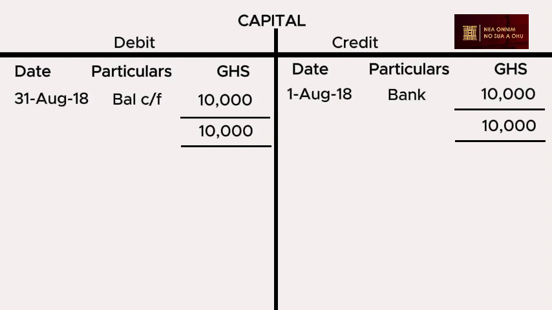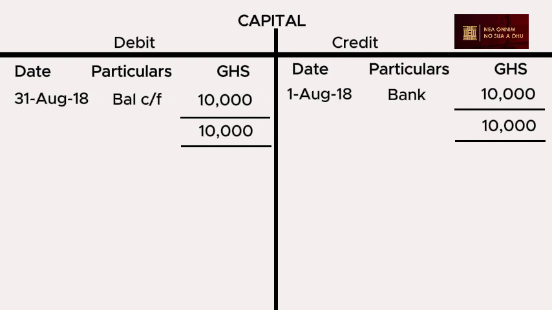Once we carry it forward from August 2018, it means for the next accounting period, which will be September 2018, 1st September, that amount will now be brought forward. When we were in the previous month, we said we were carrying it forward.